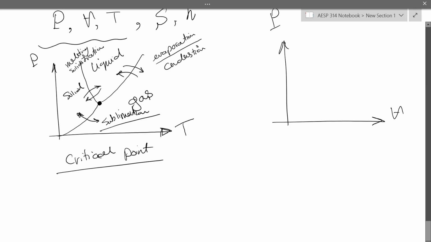What does it mean? What happens at this critical point? All phases of the substance can actually exist at that specific point. All phases exist.